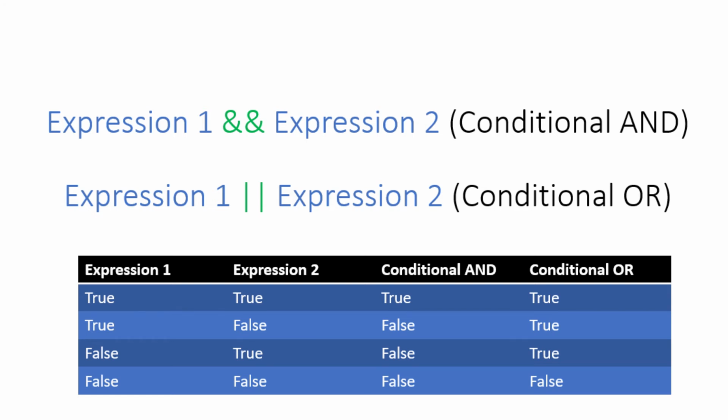So Java will not bother to evaluate the second expression. Similar is the case with conditional and. If the first expression evaluates to false, then there is no need to evaluate the second, since any one false expression will return false.